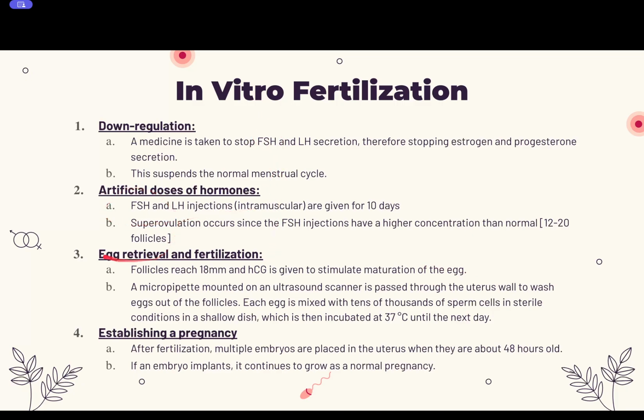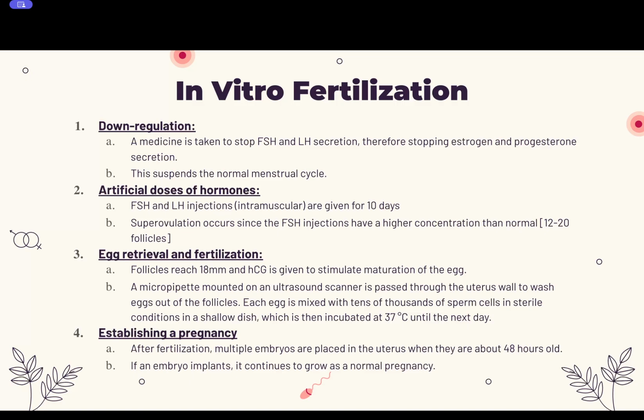The next step is egg retrieval and fertilization. Egg retrieval is done when the follicles reach 18 millimeters, and then HCG is given to stimulate the maturation of the egg. A micropipette mounted on an ultrasound scanner is passed through the uterus wall to wash the eggs out of the follicles and retrieve them.